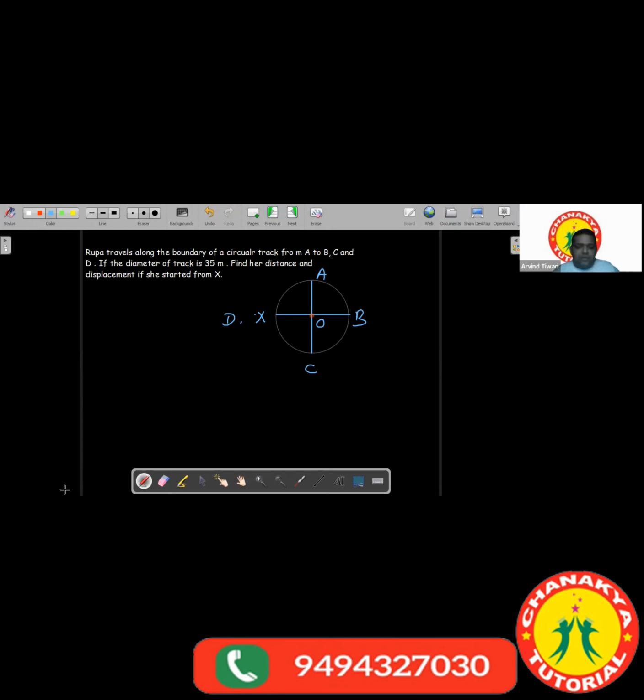If you are facing any problem, okay. Okay, Pranav, no issues. Find out. You have been given the diameter. She starts from X, travels to A, then B, then C, then D. So find her distance and displacement at every point. At every point means when she is at A, what is her distance and displacement?